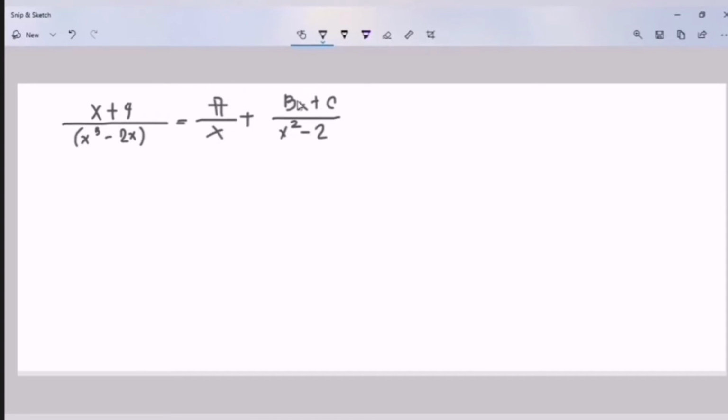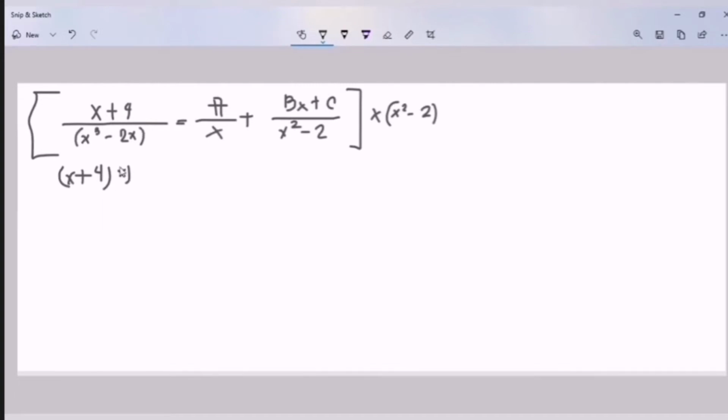To solve for A, B, and C, we will find the LCD of this equation and then multiply it to the equation. The LCD would be x cubed minus 2x, or x times the quantity x squared minus 2. So let us multiply the LCD to the numerator, then divide it by the denominator.